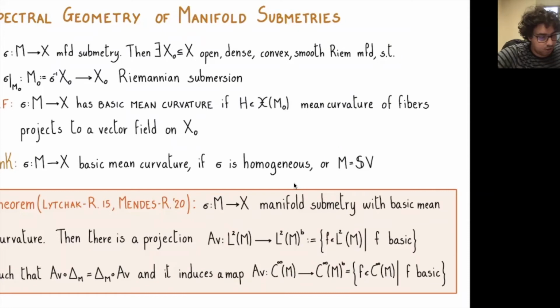In particular, this averaging operator commutes with the Laplacian, and it induces a map from smooth functions to smooth basic functions. So the averaging of a smooth function is again a smooth function. And the neat thing that is going to be very useful is that it commutes with the Laplacian operator.